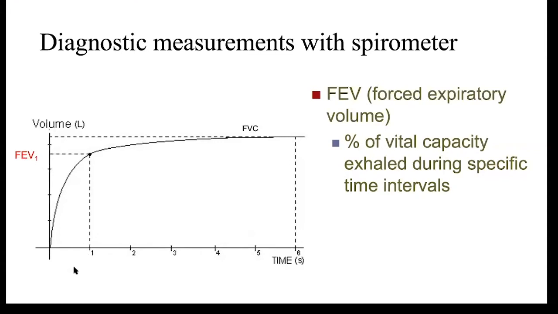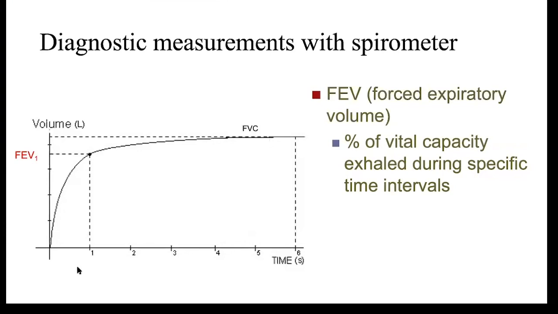Using a spirograph, you can determine the FEV1. Recall that the patient begins to blow into the spirometer at this point, continues to blow as rapid and as hard as they possibly can until they can no longer blow any more air out, and at that point, the graph levels off.